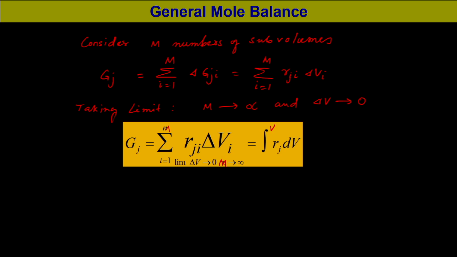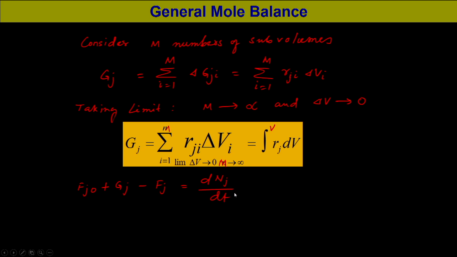So, then the balance equation which we have done earlier, that is Fj0 plus Gj minus Fj is equal to dNj/dt.